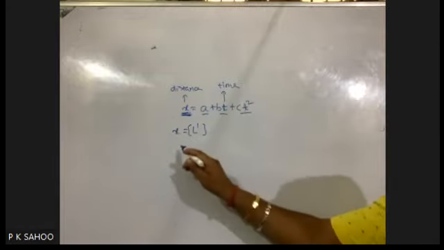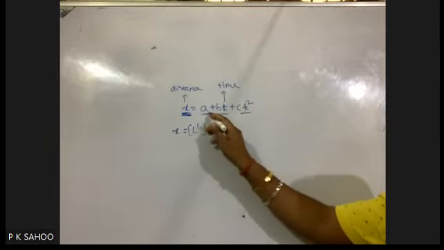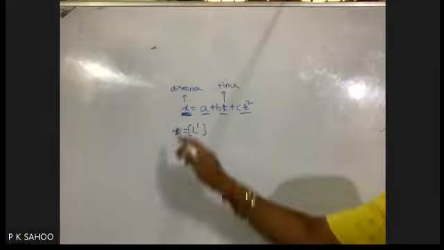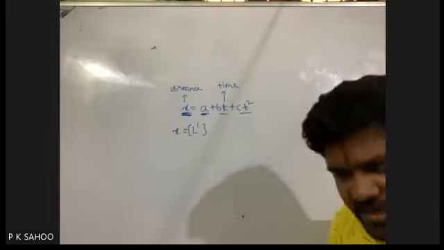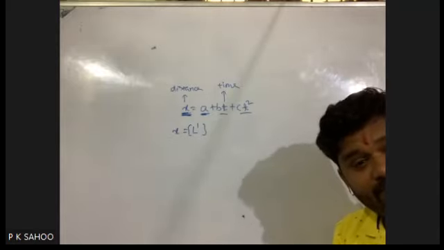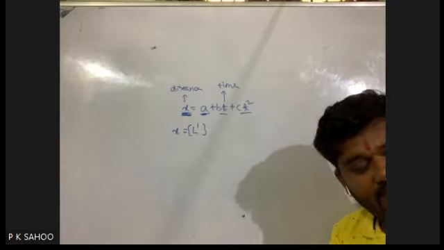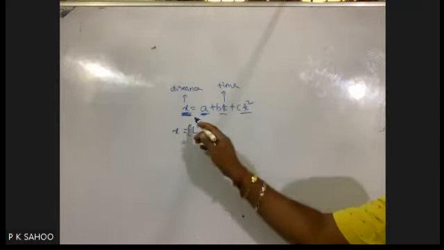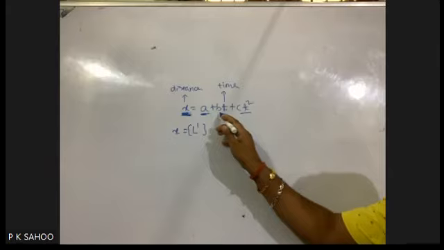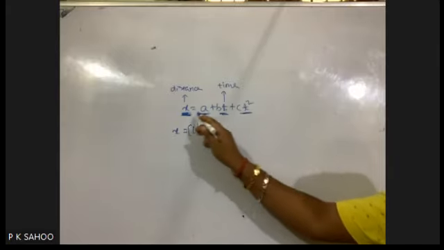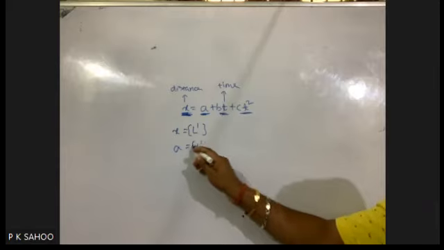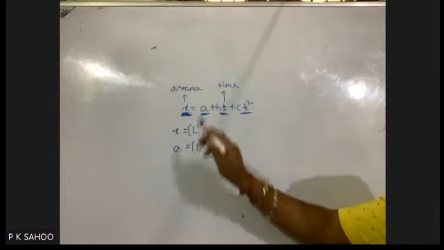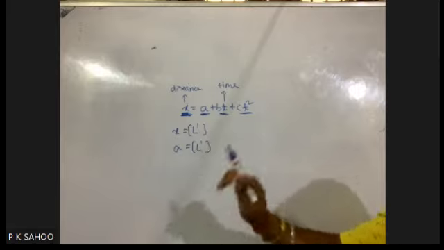A is another term, so according to the principle of homogeneity, A dimension will be L^1, because each term has the same dimension. If x is L^1, then A is L^1.